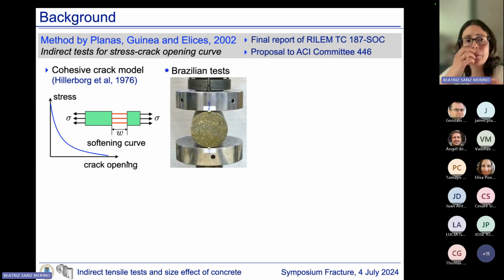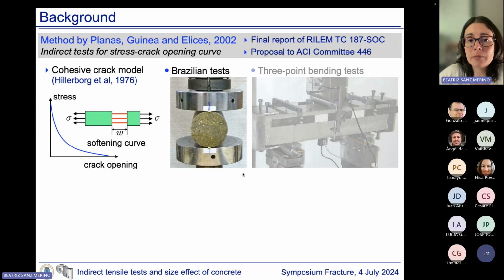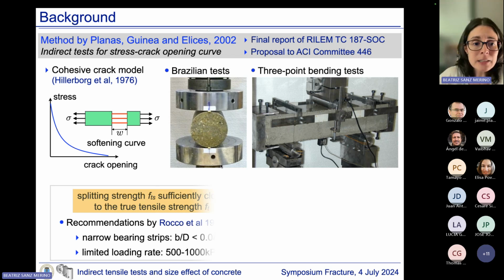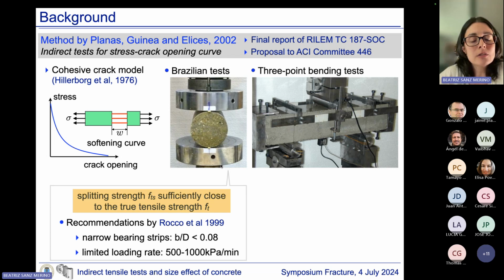So in the method by Planas, Guinea and Elices, two types of indirect tests are proposed. First, the Brazilian test, as in this image, and the three-point bending test. From the Brazilian test, the tensile strength is obtained. It is supposedly sufficiently close to the true tensile strength of the material if the recommendations by Rocco, which I already mentioned, are followed.